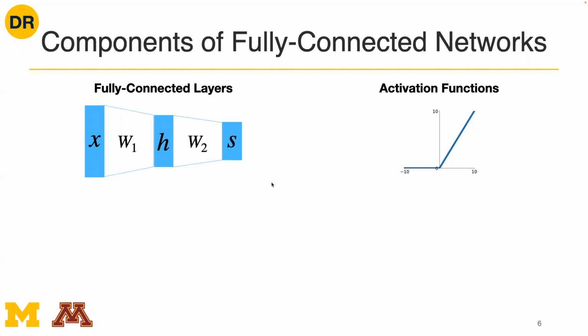But the second core component we needed, in order to ensure that our networks were modeling nonlinear classification problems, was to insert nonlinear activation functions after each one of our fully connected layers, to get that nonlinear decision behavior.